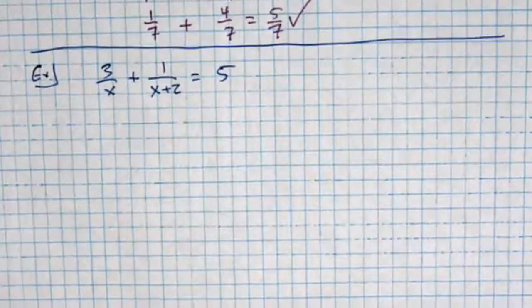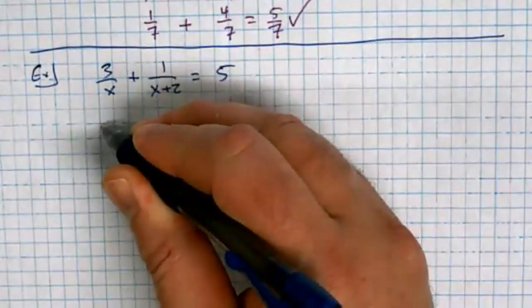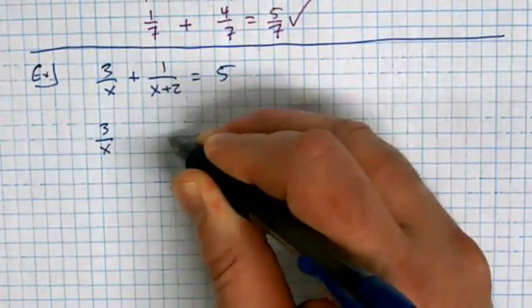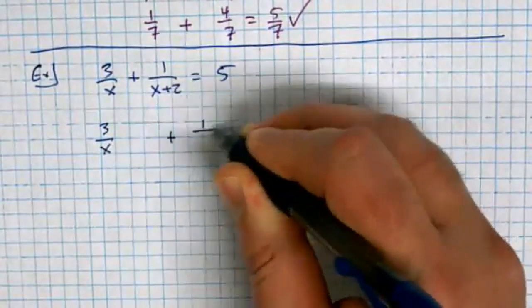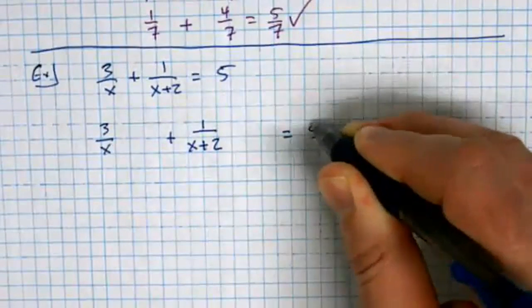So that's the equation. Usually when I'm working with these equations, when I copy them down out of the book, I will copy them down with lots of space in between the pieces. So I'm going to rewrite this and put some space in between.